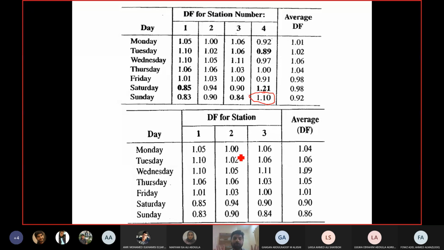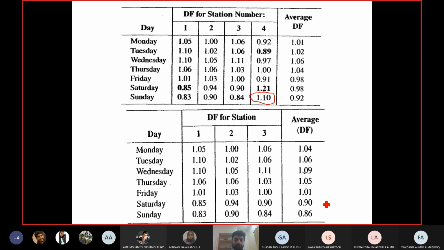So I don't have to worry about the other days because other days were already in the range, and after taking out station 4, they have come closer to the average. The only thing I have to worry about is station 1 for Saturday. Station 1 for Saturday has a value of 0.85, and now the new average is 0.9. And if you take the difference between 0.9 and 0.85, you will find 0.05, which is now in the range. So the problem is solved.